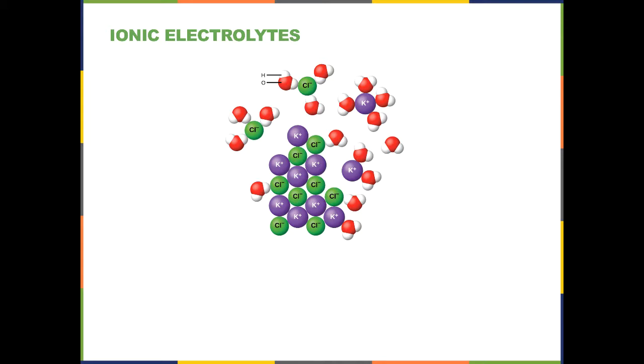Now, here's a physical process that leads to the formation of ions. And this is the situation in this diagram. What you have here is an ion-dipole interaction between the polar solvent, water, and the ionic components of potassium chloride.